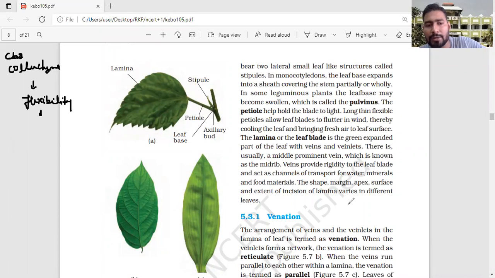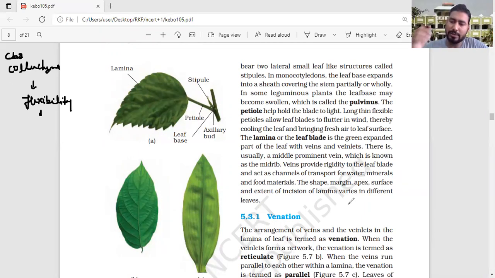What is the reason? The reason is that the petiole is too long. In the peepal tree, Ficus religiosa, the petiole is very long. Due to this, it keeps shaking even with no wind blowing.